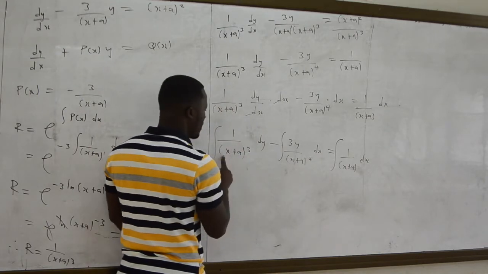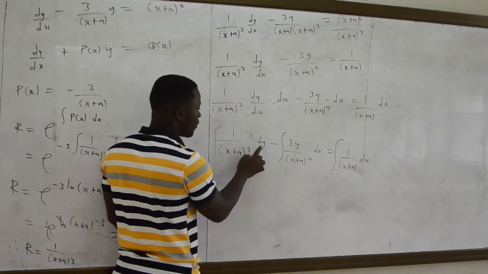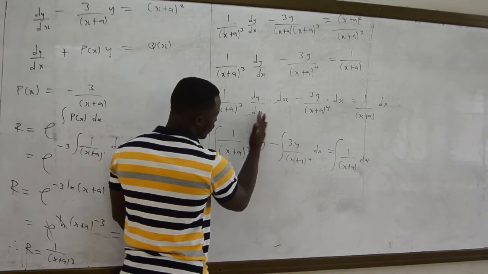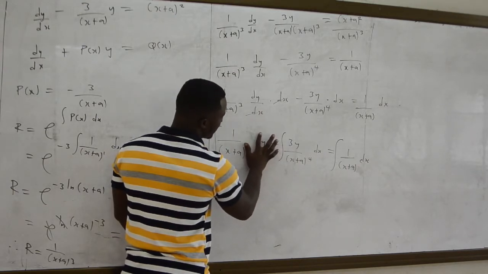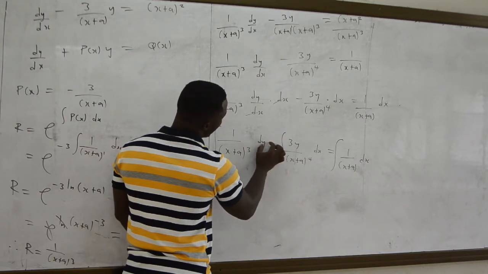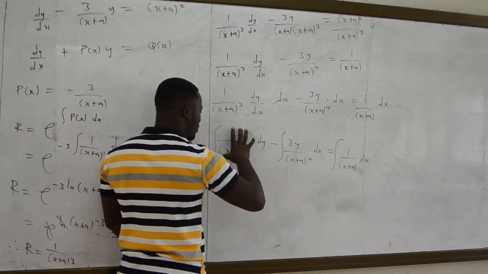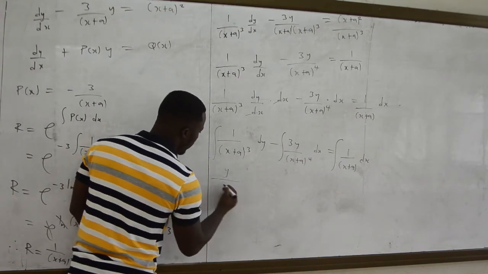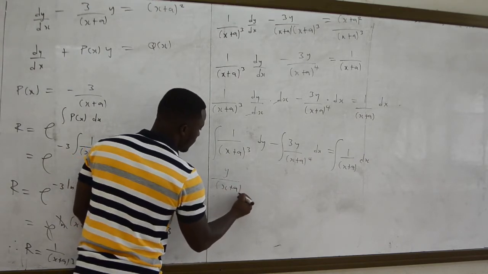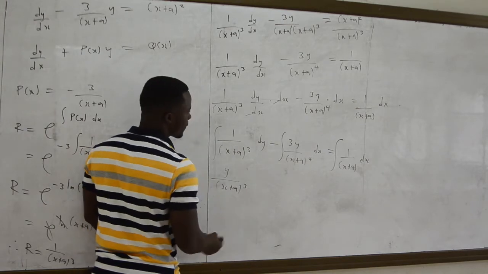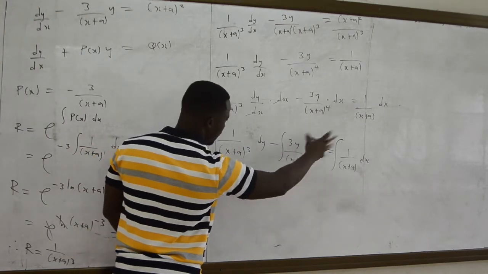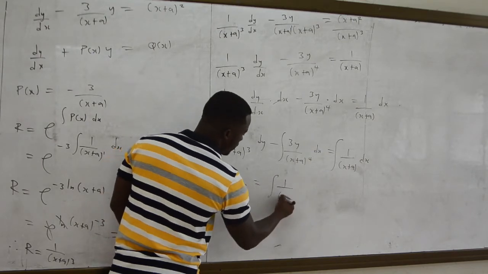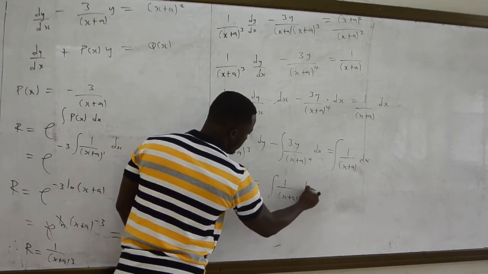We have 1 over x plus a taking the power of 3 dy. So that dy, I know, cut the d, so I can say y. For that y, multiply this one, so we'll get something like y over x plus a taking the power of 3. This equals 1 over x plus a dx.